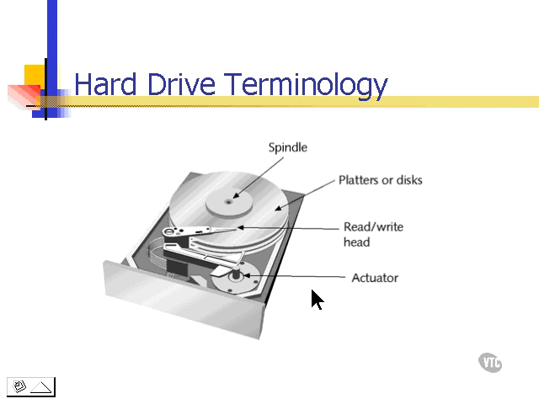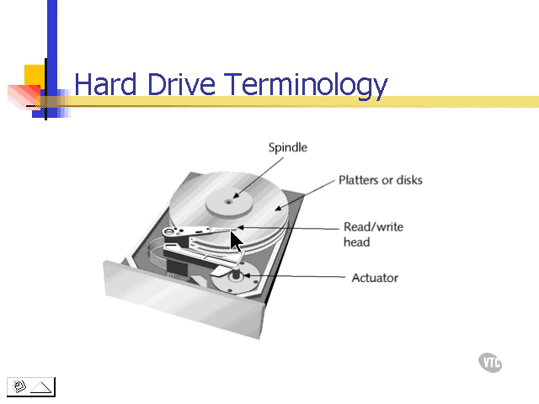The parts that make up a hard drive are the spindle, which is the center of the disk where the disk is connected to the motor, the platters, which are either metal or coated with a metal so that they're magnetic and can be written by the read-write head.